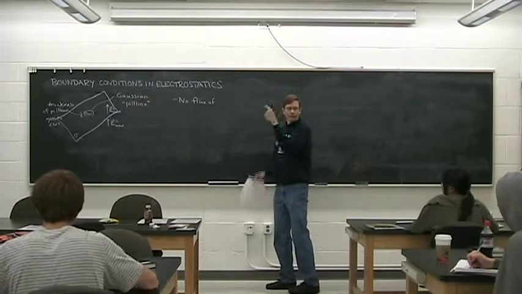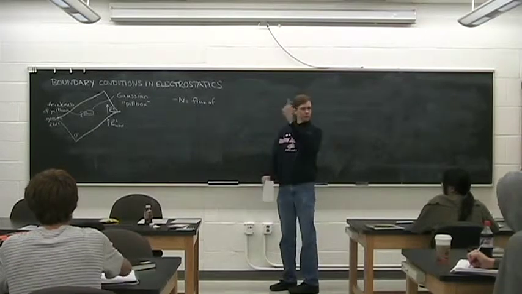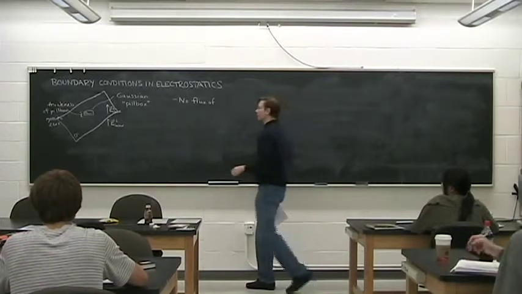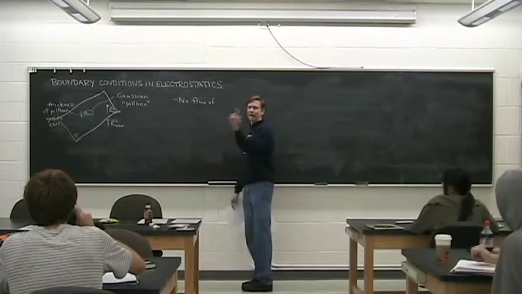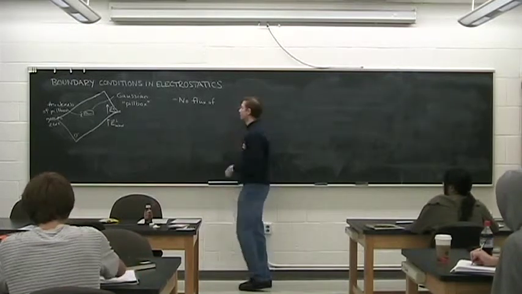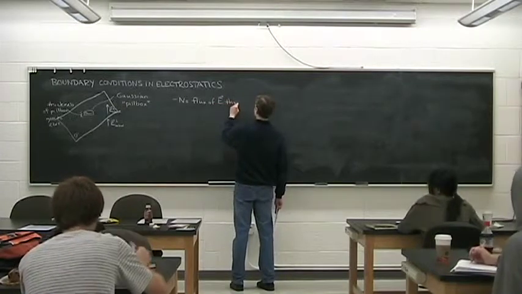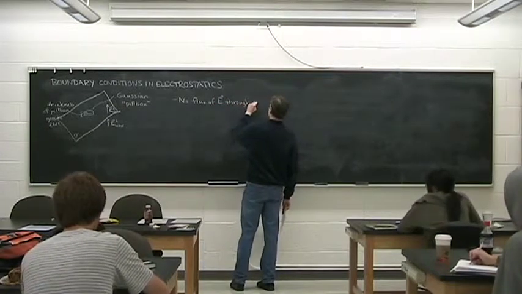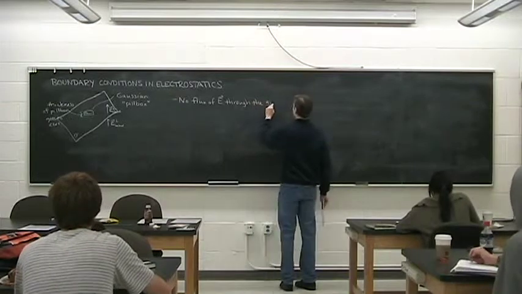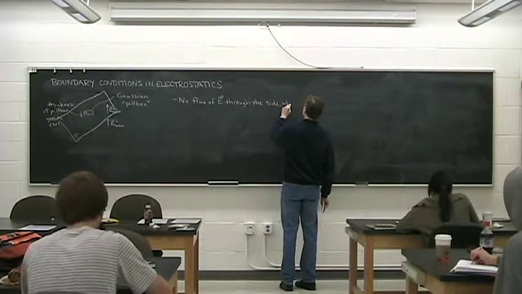If you think of it as a really squashed flat soup can, there's no flux through the label. I don't know what you call that part, whatever you want to call it. No flux of E through the side, which isn't the top or bottom.